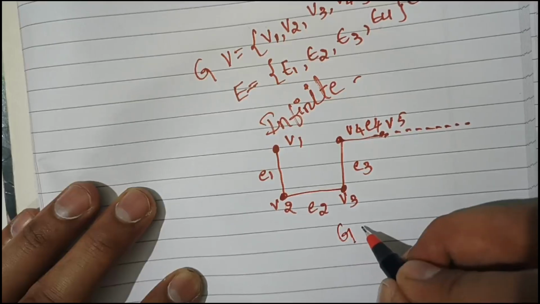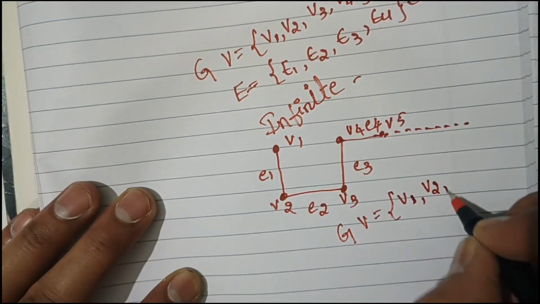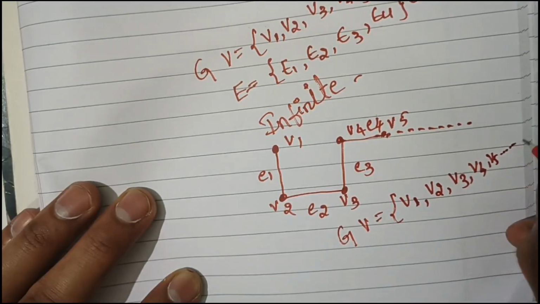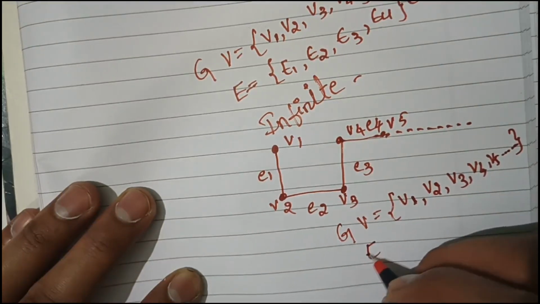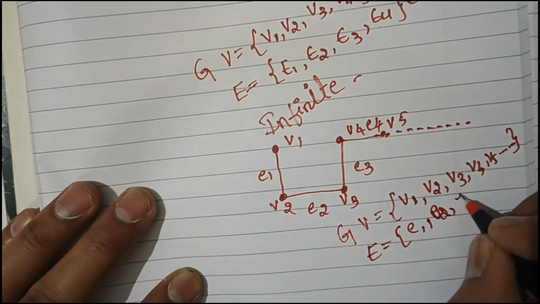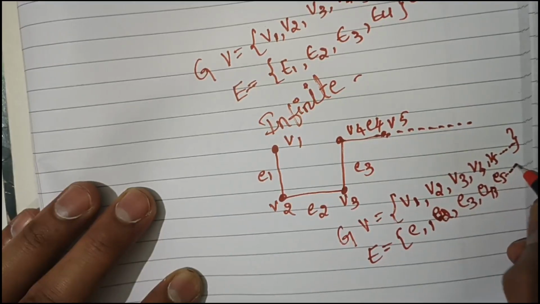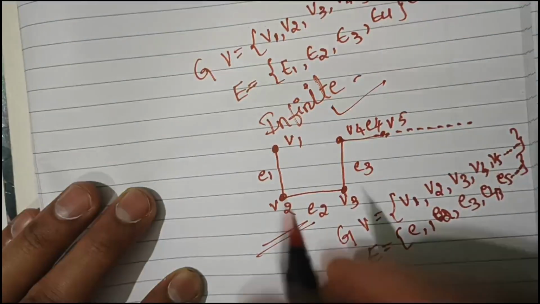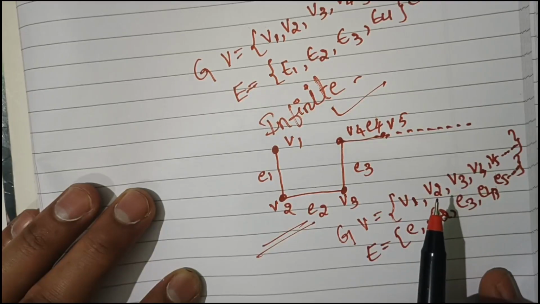G of V is equal to V1, comma V2, comma V3, comma V4, comma V5, and so on. This is uncountable, there is no end. E is equal to E1, comma E2, comma E3, comma E4, comma E5, and so on. This type of graph is called an infinite graph. A finite graph is countable, an infinite graph is uncountable.